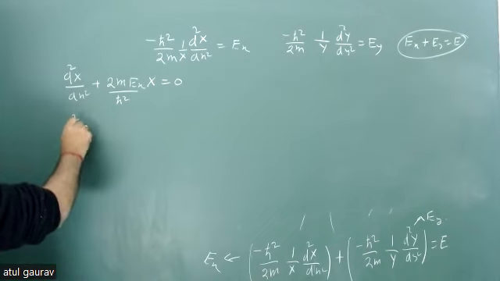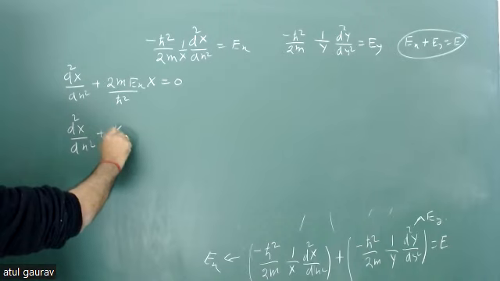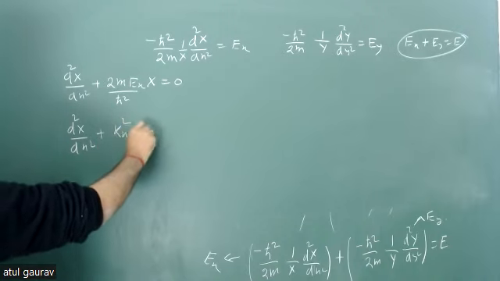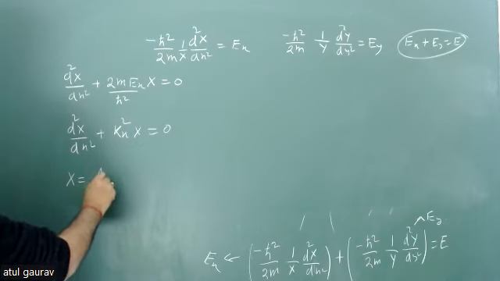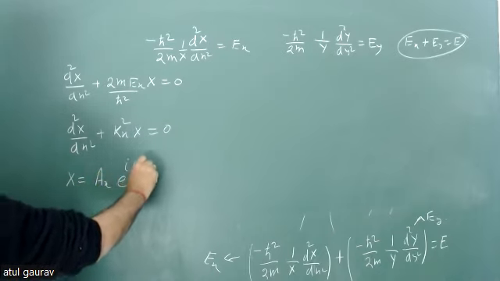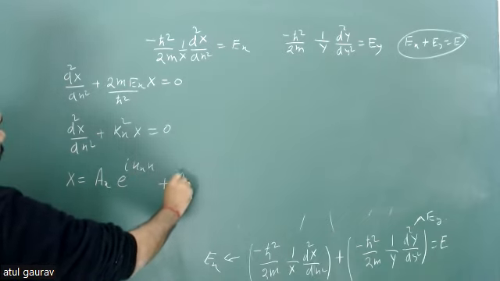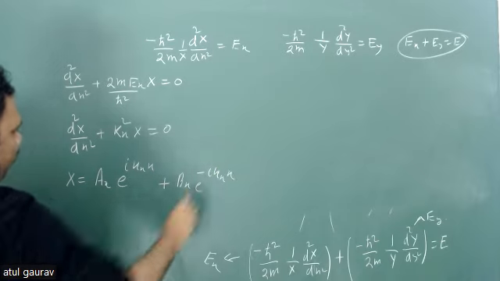We can write this as d squared X upon dx squared plus kx squared X equal to 0, and X can be written as Ax e to the power i kx x plus Bx e to the power minus i kx x.